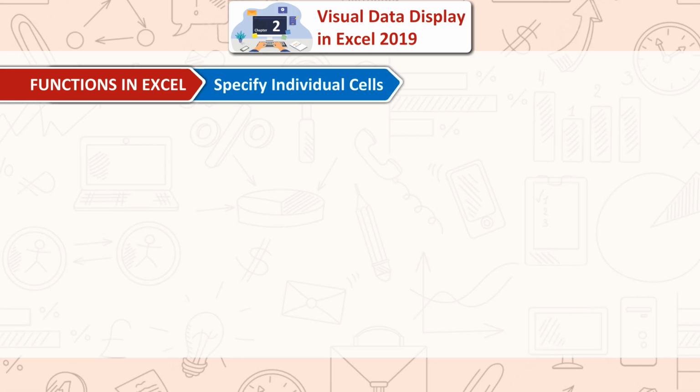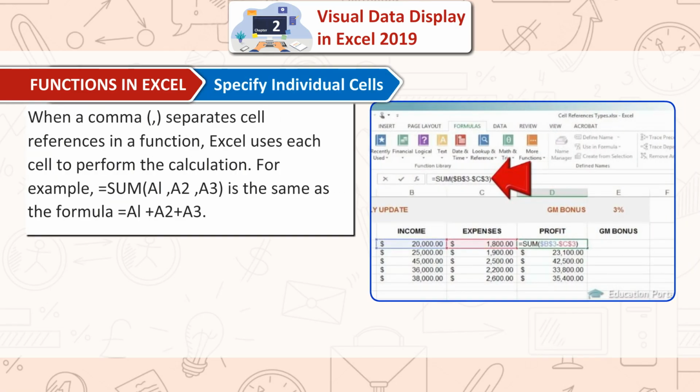Specify individual cells. When a comma separates cell references in a function, Excel uses each cell to perform the calculation. For example, =SUM(A1,A2,A3) is the same as the formula =A1+A2+A3.